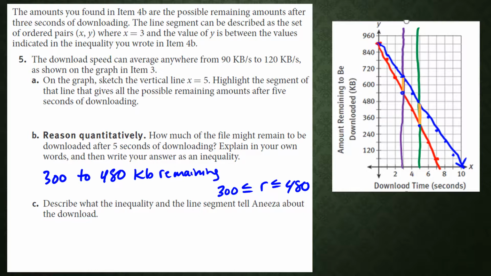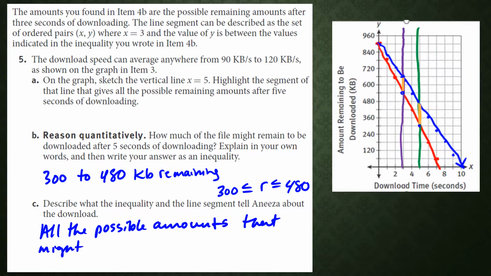Describe what the inequality and the line segment tell Anisa about the download. So the little highlighted line segment and the inequality tell her all the possible amounts that might be left to download, depending on how fast it's going, after 5 seconds.